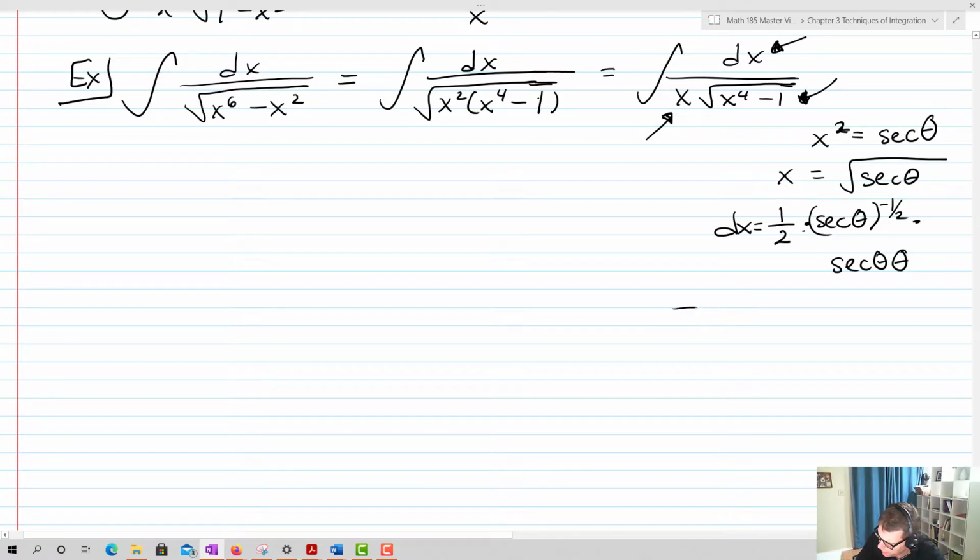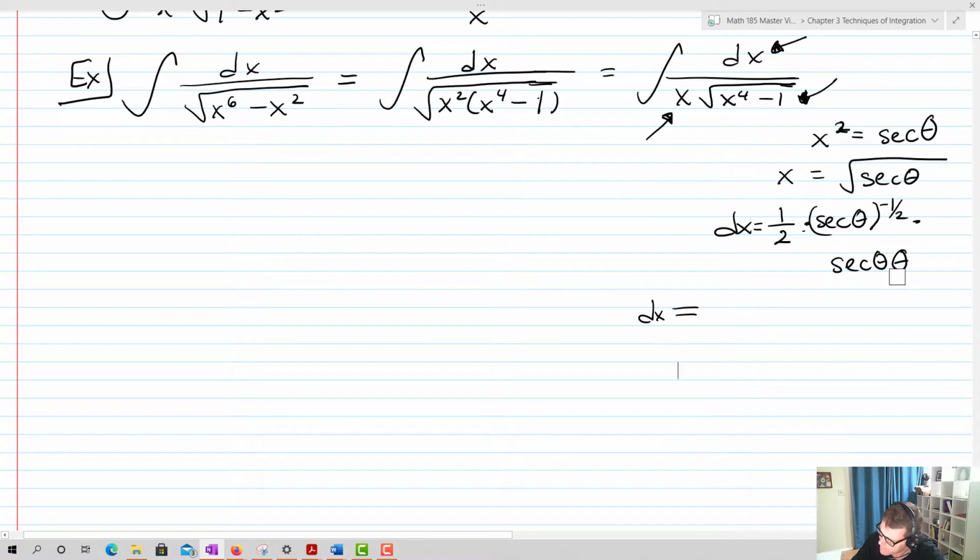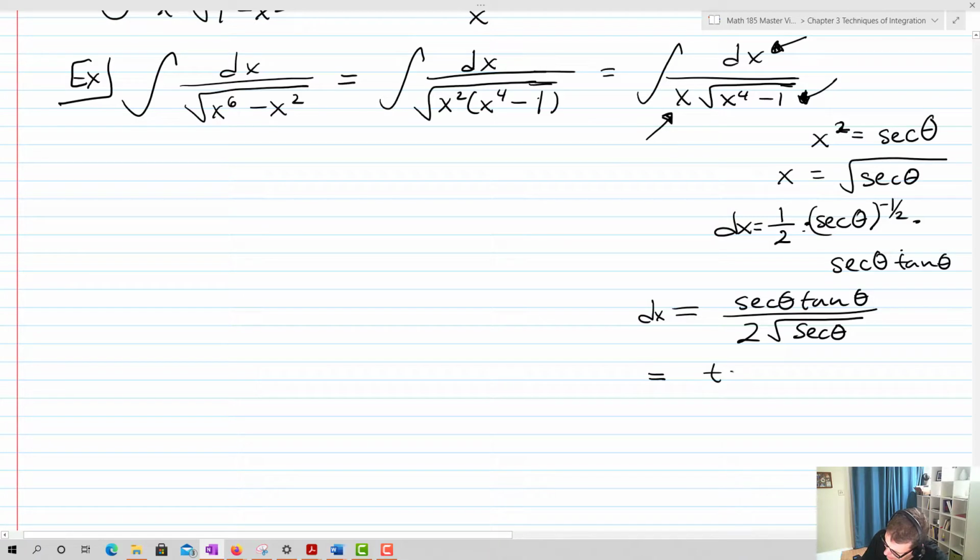So when I simplify that, I get that dx is going to equal secant theta tan theta divided by 2 times the square root of secant theta, which is equal to the square root of secant theta times tangent theta divided by 2.